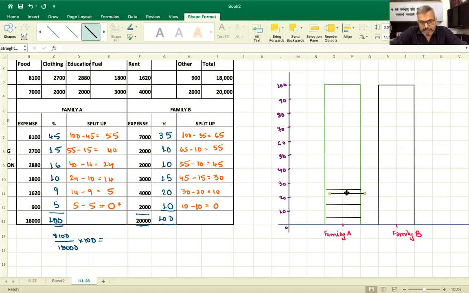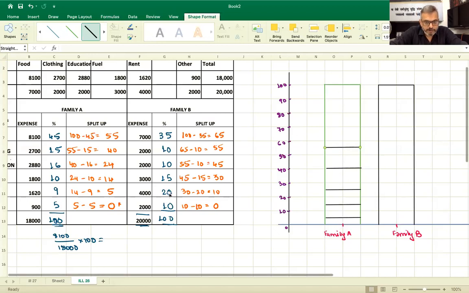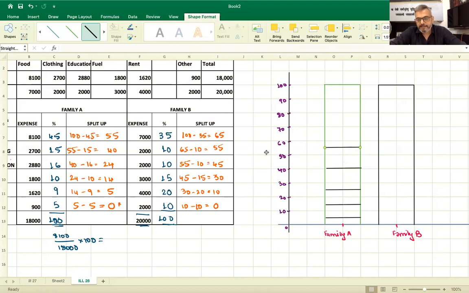Then 40, exactly 40, great. Then 55, 50 और 60 के बीच में 55. चेक कर लो पार्टीशन 1 2 3 4 5 एंड 6, 1 2 3 4 5 एंड 6, हमेशा ये चेक कर लेना.